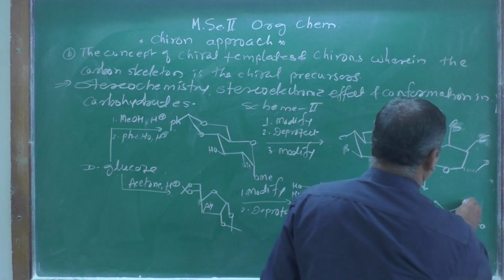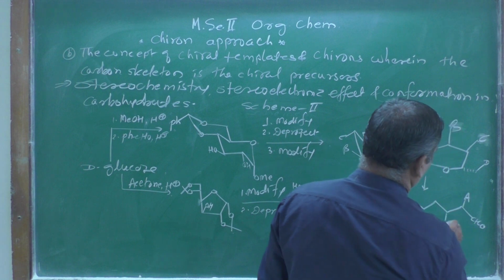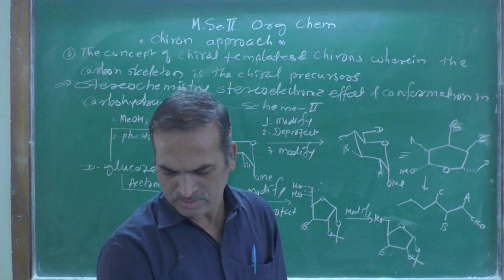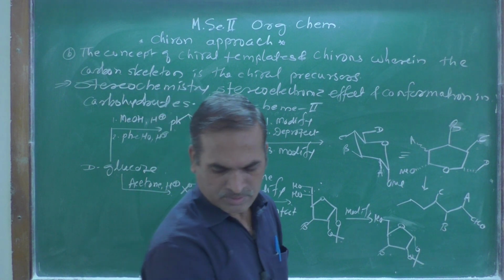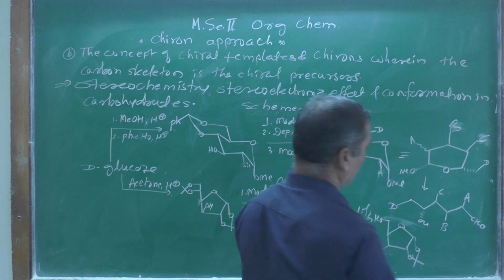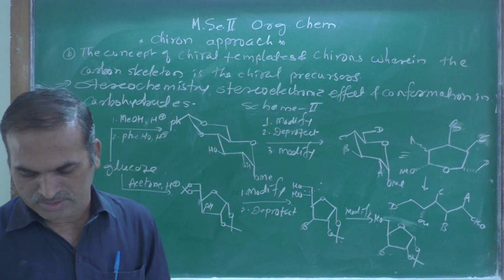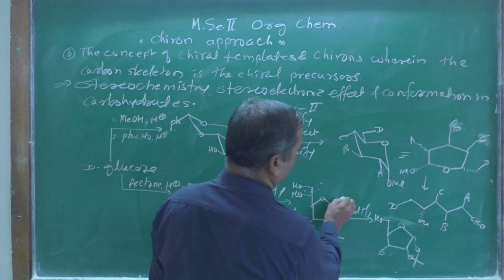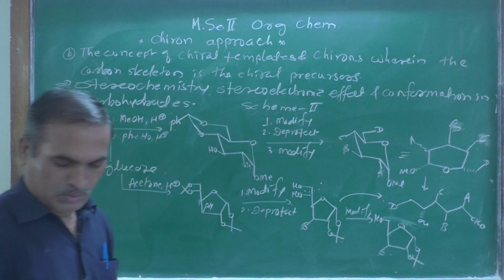Then here you can write A, here you can write B, here you can write C, and here OH, and here you can write D in this way, or this can be converted into this one also.